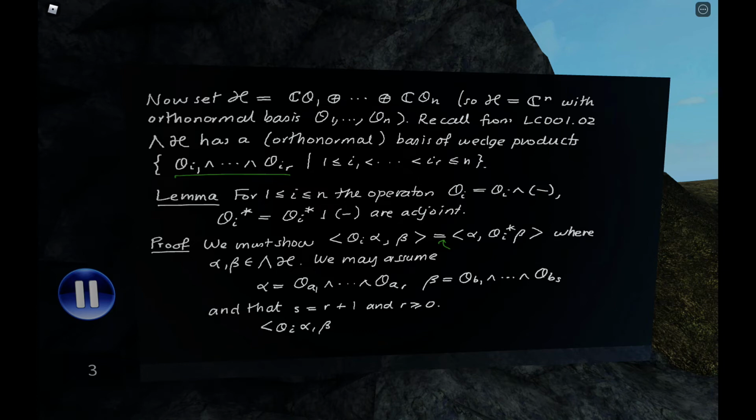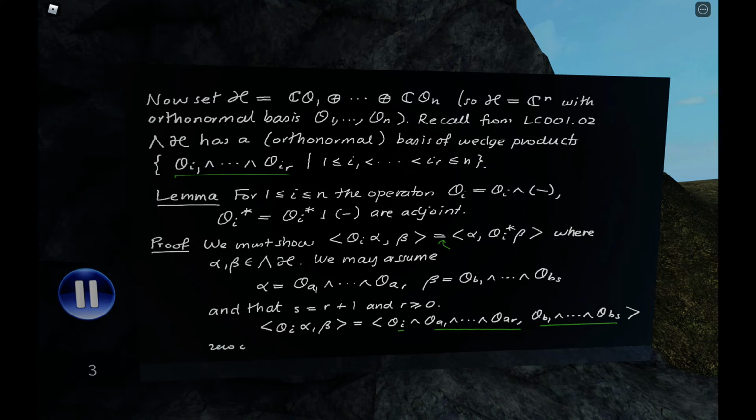So let's compute the left hand side. If I pair theta i alpha with beta, well, that's just theta i wedged on the left with theta A1 up to theta AR. Now that's going to be 0 unless adding this index to those that already existed gives you exactly the indices that are over there. That's the way the pairing works, right?